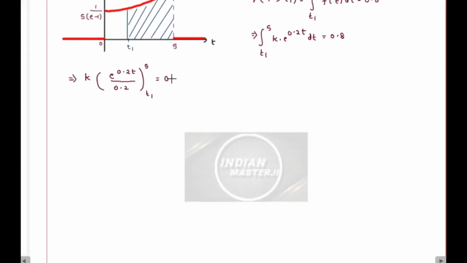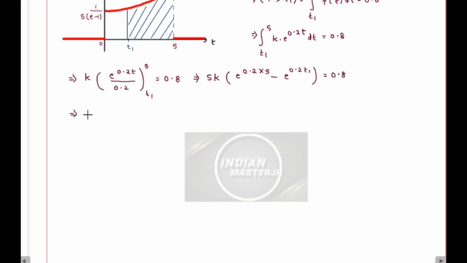So what do I get? I can take this 0.2 on the top. So 1 upon 0.2 becomes 5k here. This becomes 5k into e raised to 0.2 into 5 minus e raised to 0.2 t1. Okay, and this is equal to 0.8.